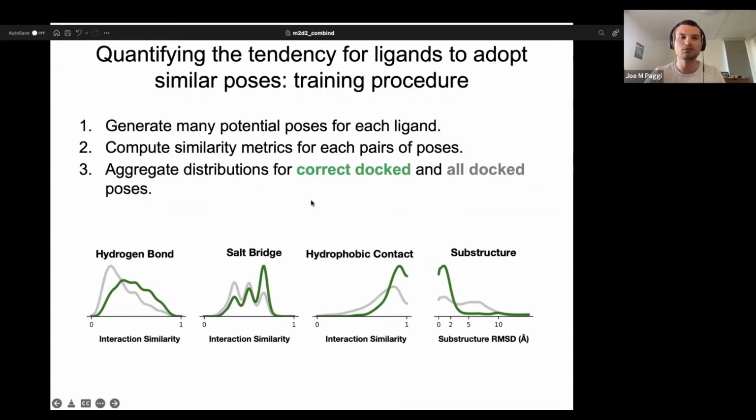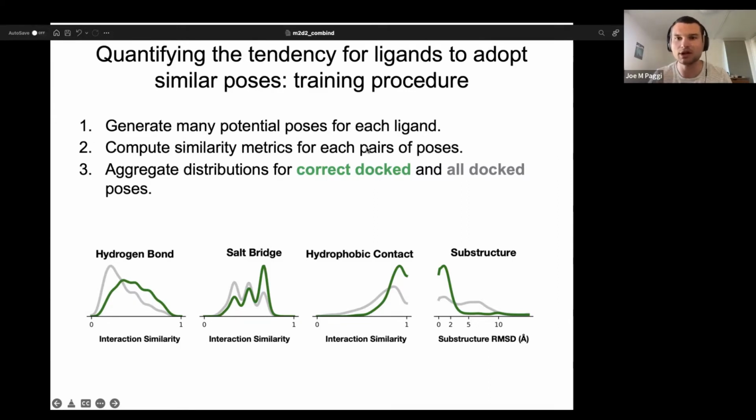Using this training data, the way we set up our model is that we essentially learned a naive Bayes type scoring function. For each of the ligands, we generate many candidate poses, and then for each pair of poses binding to the same receptor, we compute a set of similarity metrics between the pairs of poses.